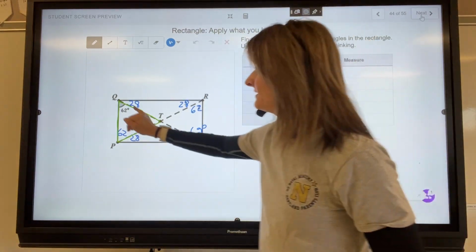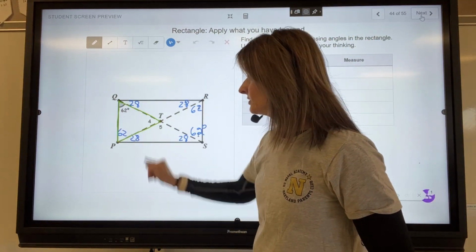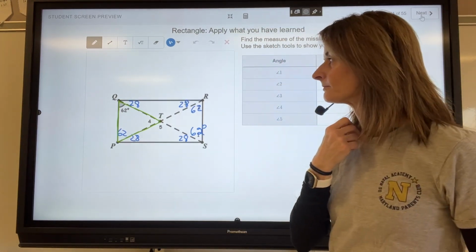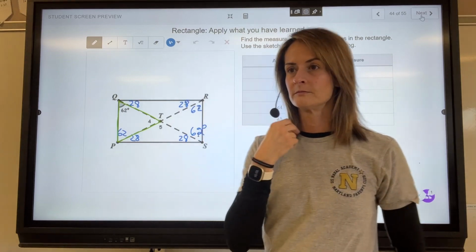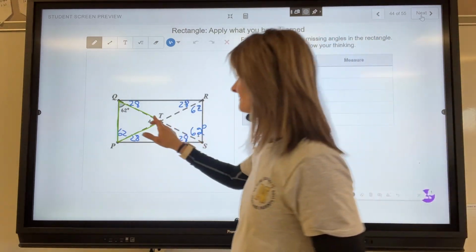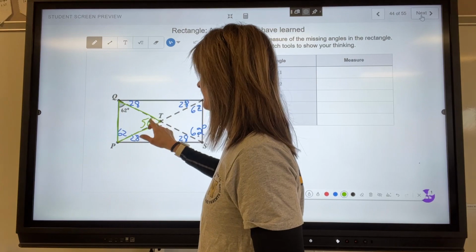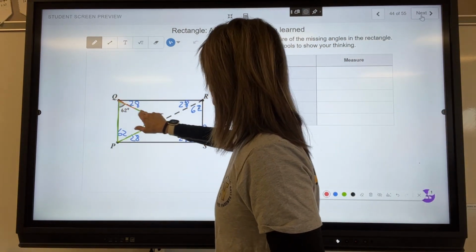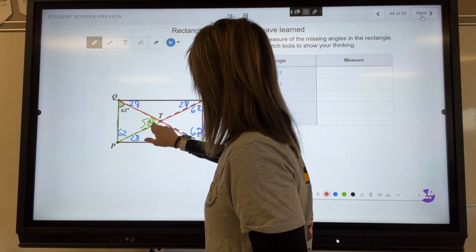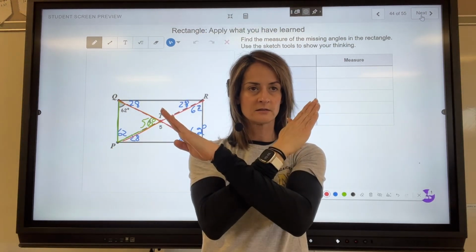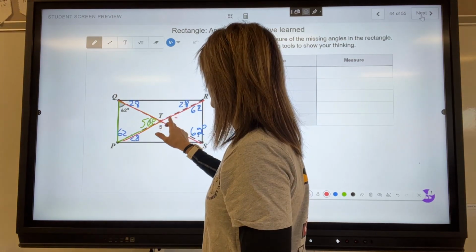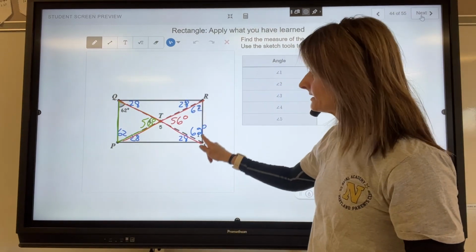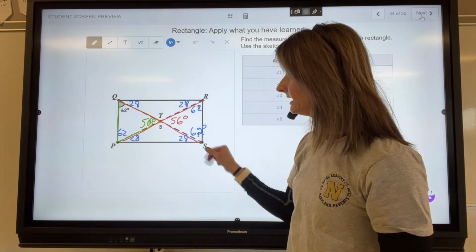So if this angle is 62 and this angle is 62, what does the measure of angle 4 have to be? 56. These are vertical angles. Vertical angles are created when you have lines that intersect. These are congruent, so this angle also has to be 56 degrees, and that makes sense because 62 plus 62 plus 56 adds up to 180.